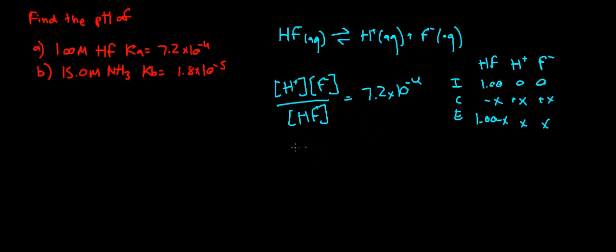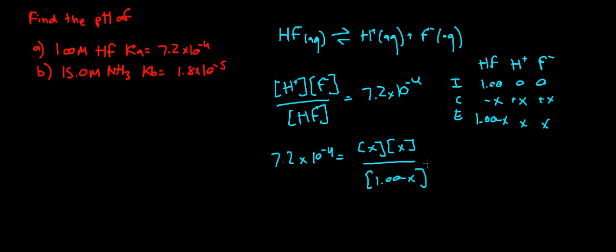So this will be at equilibrium. And one thing I can do with weak acids is round this off down here to say it's equal to x squared over 1.